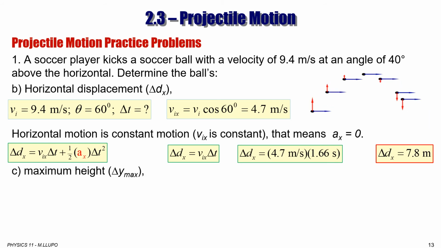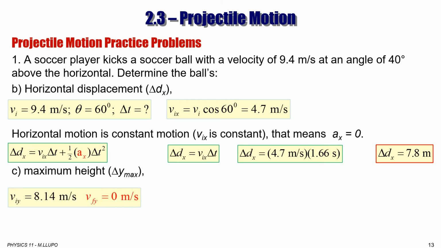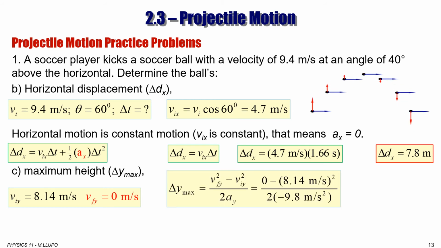The next one is maximum height, where the y component of final velocity is 0. While the initial we know already is 8.14, and we know the final velocity on the y-axis is 0, then we are ready to calculate what would be the maximum height.